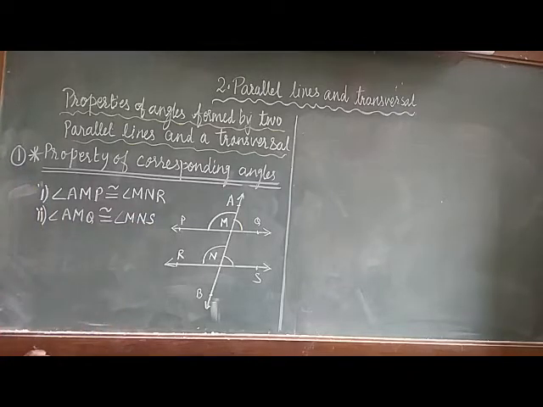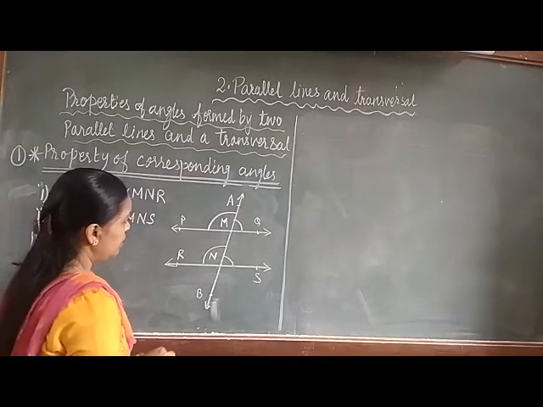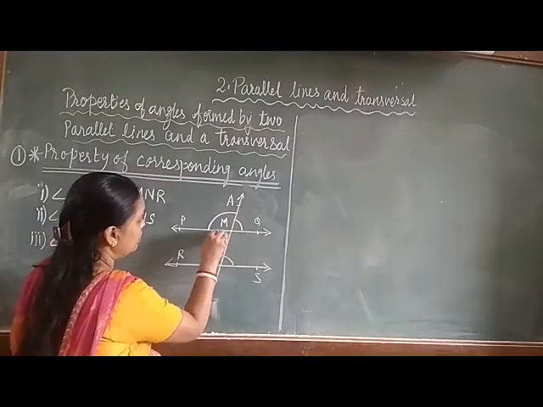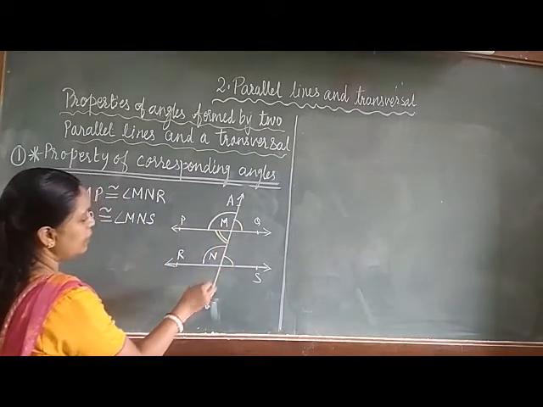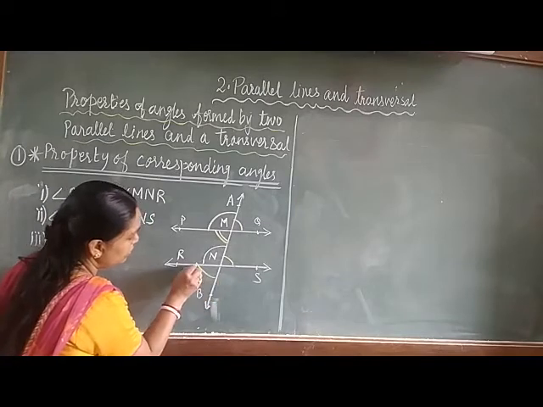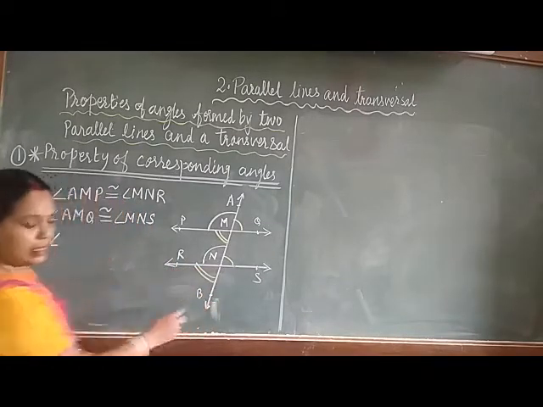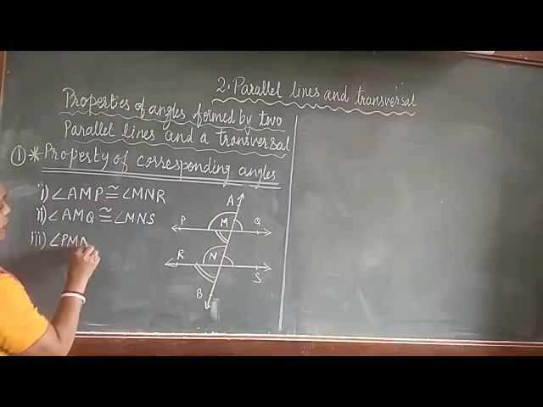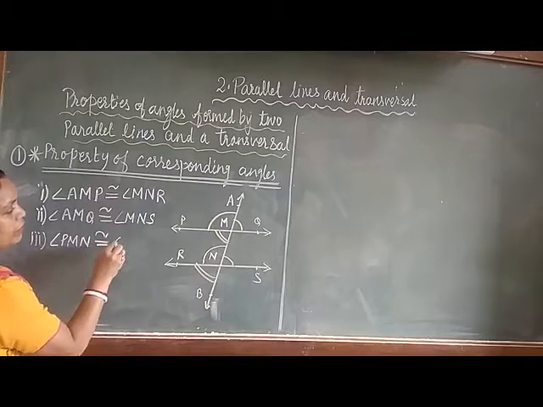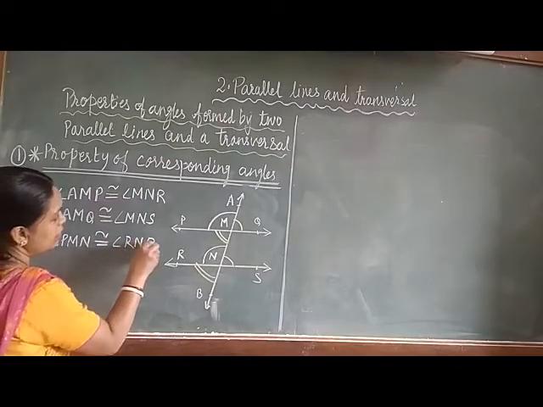Got it? The third one, take this pair now: angle PMN is corresponding to this angle, angle RNB. So angle PMN is congruent to angle RNB.